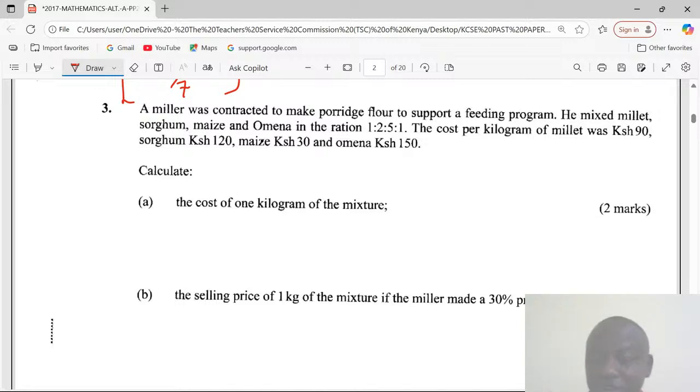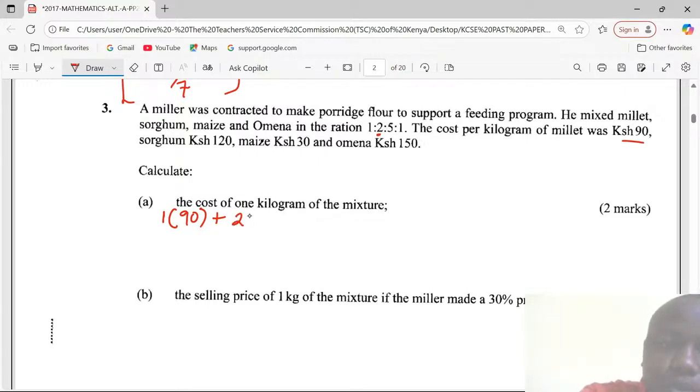So there is a mixture here whereby it shall contain 1 kilogram of millet. And remember, the 1 kilogram of millet is costing 90. So the cost of millet in this mixture shall be the 1 kilogram times 90 per kilogram, plus, according to the ratios, 2 proportions, which means 2 kilograms of sorghum.